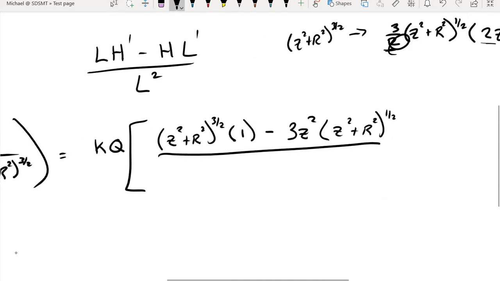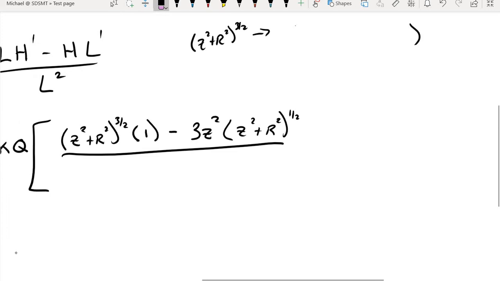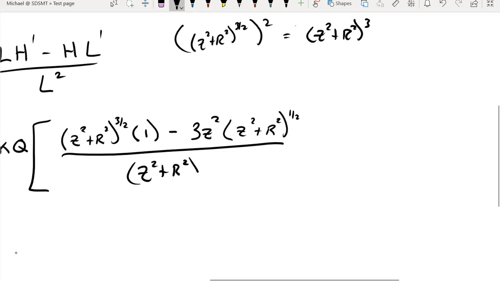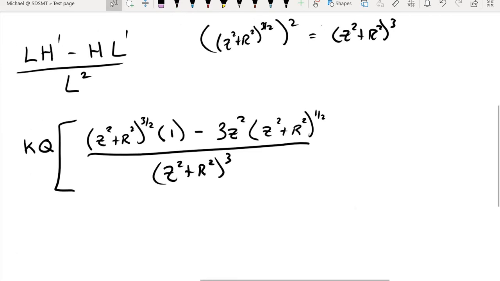Now if I take my denominator and I square it, well, now I'm taking a power to a power, and whenever we take a power to a power, we can multiply the powers together. So 3 halves times 2 is just going to be 3. So that means we have (z squared plus r squared) to the 3rd power. And that's it.